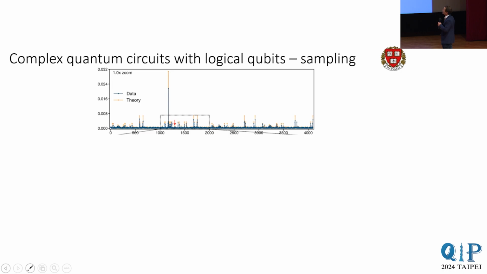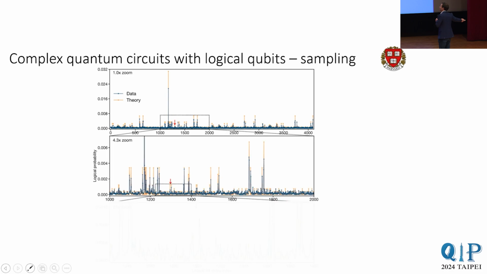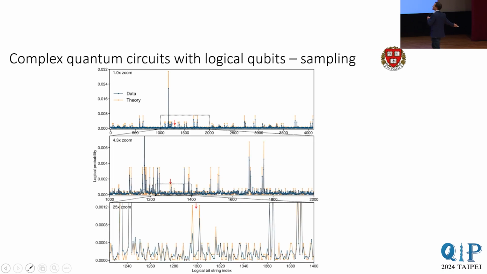As we zoom in further and further, just track the red arrow. You can see these tiny little features in this top plot here, these 2 tall peaks at the bottom. You can see the overlap between the experimental distribution with our logical qubits and the expected theoretical distribution.